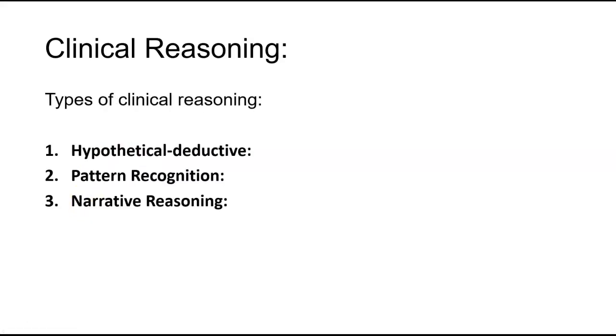So when we add those in, we have 3 types of clinical reasoning. We have hypothetical deductive, which means you come up with an unproven reason or hypothesis. You have pattern recognition.